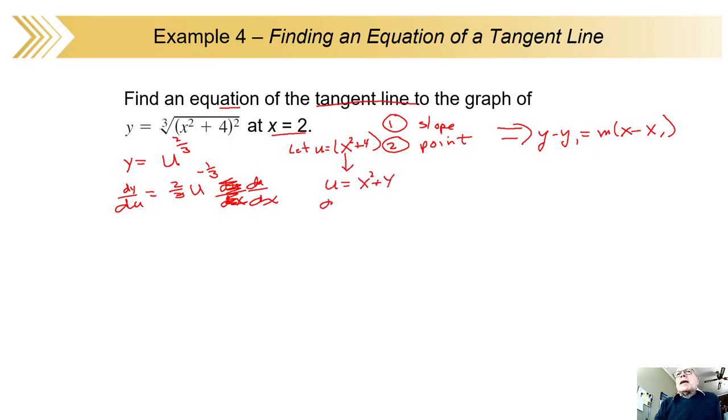Take the derivative of that. du/dx, what's that? Well, that's easy too. 2x plus 0. I'll bring that over here where I've got dy/du. That's 2/3 u to the negative 1/3 power du/dx. Hey, I just found du/dx. 2x.